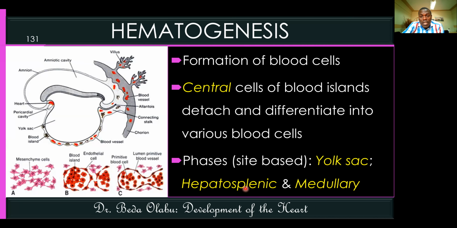If the bone marrow fails, then the liver and the spleen are recruited to form blood. And at that instance, we call that extramedullary hemopoiesis or extramedullary hematogenesis. Formation of blood outside bone marrow. That's a term you use largely postnatally.